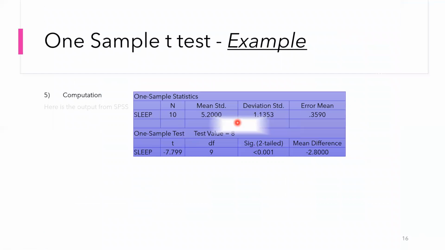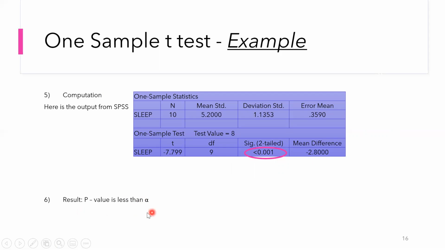We press OK, and after the computation the output appears in the SPSS output sheet. This is the descriptive statistics of our data, and the p-value is here, the Sig, which the software displays as 0.000, which we have edited as less than 0.001.